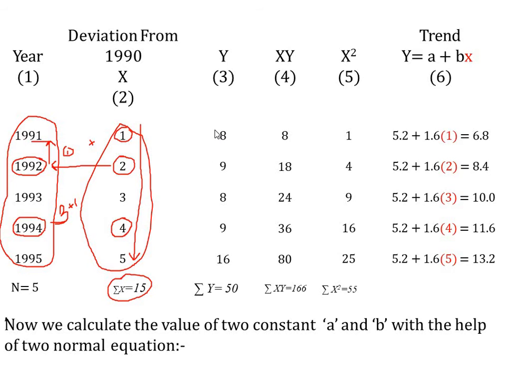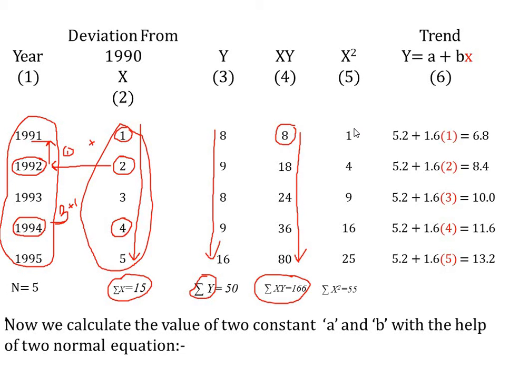Y values are given to us. Summing up all the values together I get the value of sigma y. Then I will get a column for xy values. So this is my x value 1, this is my y value 8. So multiply them together, and similarly multiply all the row values together for x and y, and then summing the column I will get sigma xy.